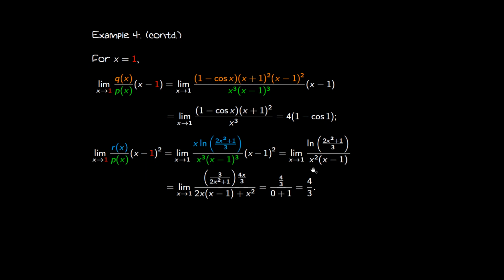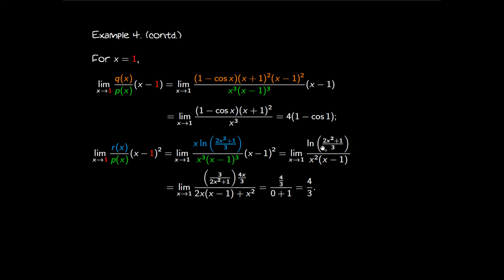Well, in this case, when you put 1 in, the denominator is 0, right? And when you put the 1 in, the numerator is also 0 because log 1 is 0, right? So here you're going to get a 0 over 0 pattern, and we have to use L'Hopital's rule.